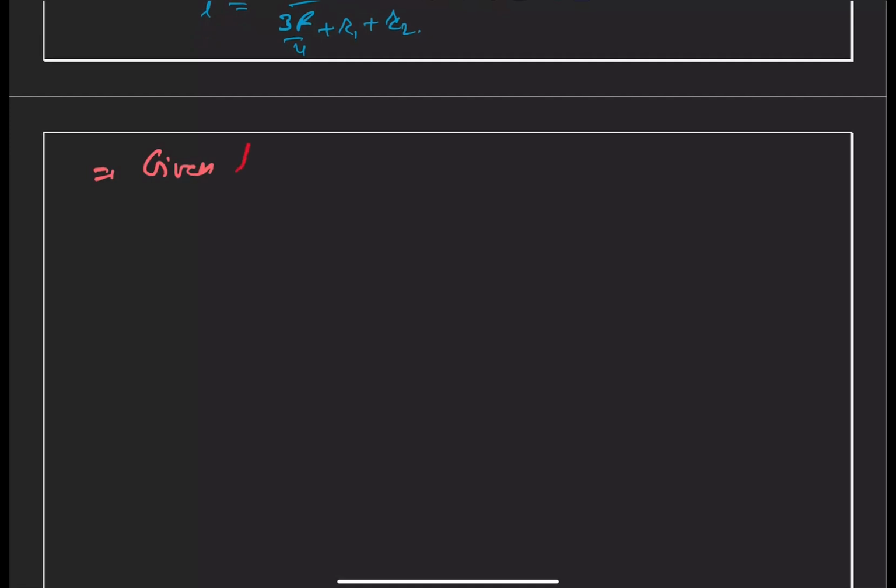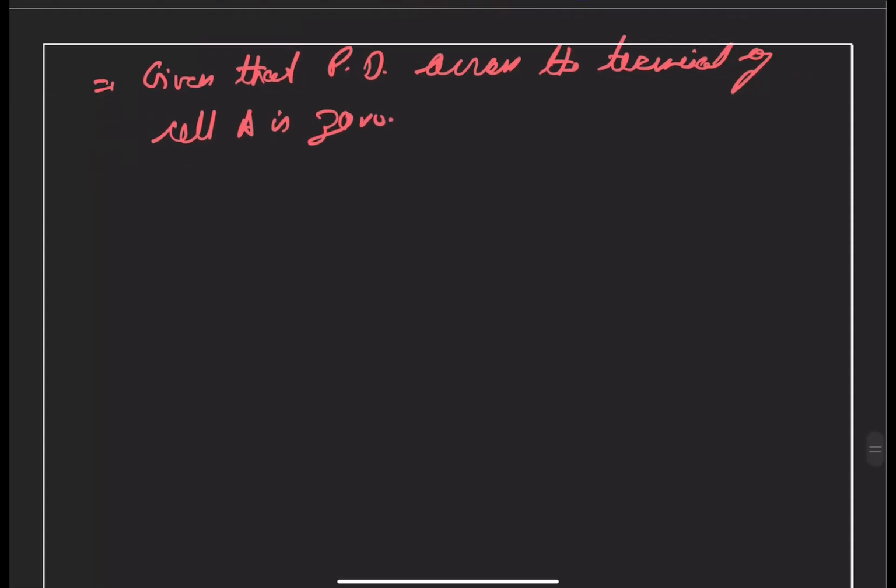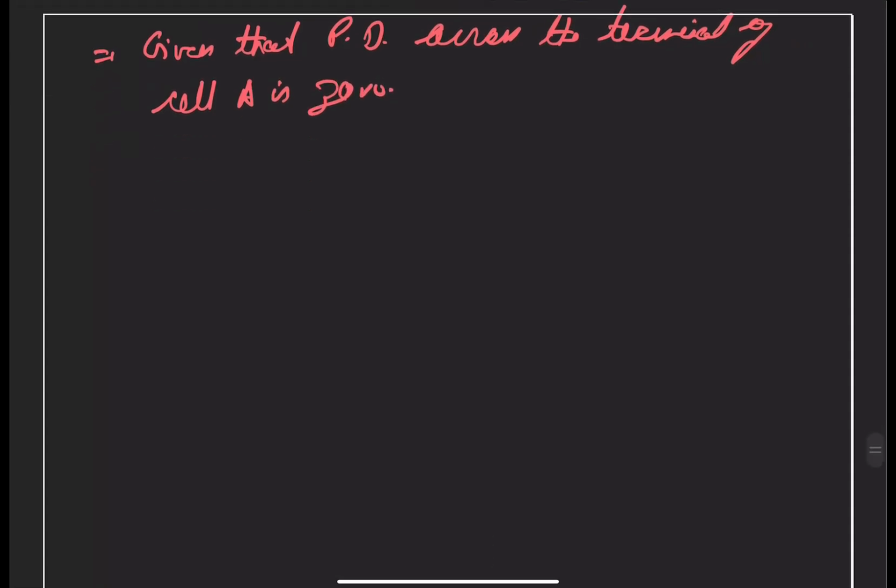Given that the potential difference across the terminals of cell A is 0, if we use KVL, by KVL we can see E minus I multiplied by R1 is equal to 0.